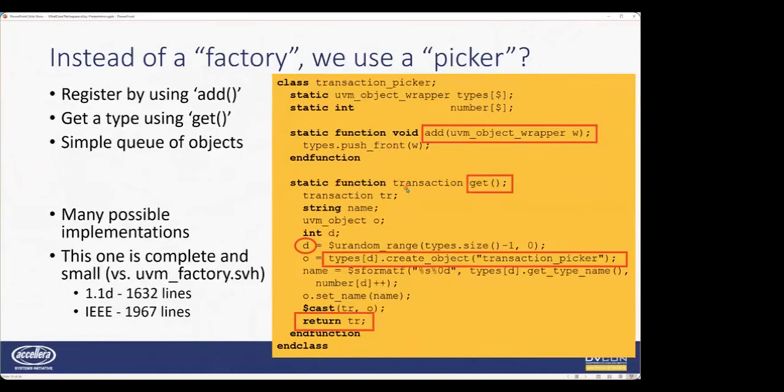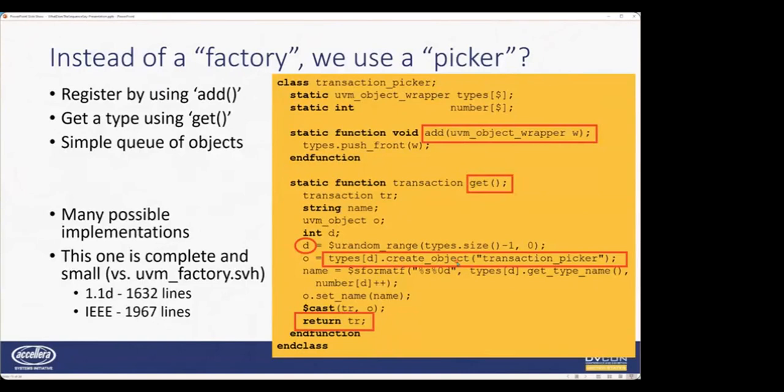If you want to get an object, like a factory, you want to allocate, create, construct an object, you call get. That's it. So the get routine has a transaction handle that's going to get returned, and it generates a random number, and that random number is used to index into the queue. So now I'm indexing into that queue, getting a value out of there, and calling create object.